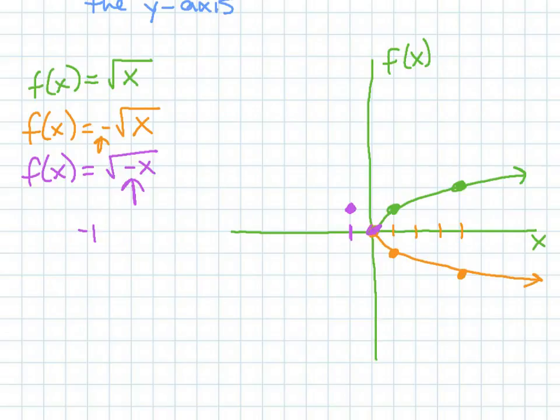So if I plugged in, let's say, negative 4, then I would get negative negative 4, which is positive 4. Square root of 4 is 2, right? Okay, so then I get the other value that I was supposed to get. But look what happened. We reflected over the y-axis like I stated up above.